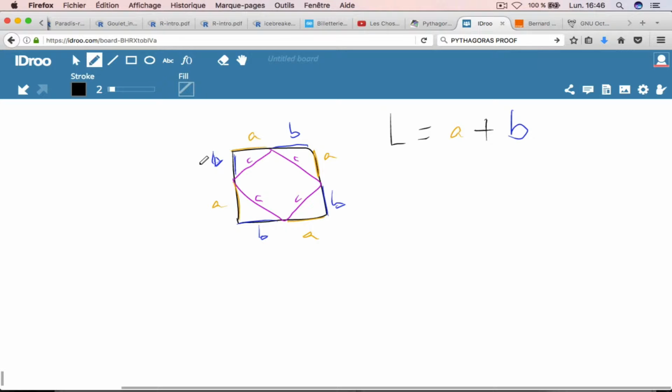So, let's compute the area of the big square in two ways. First, we use the simple formula: the area of a square is side times side, that's the square of the side. So the area is L squared. So, what is that? It's A plus B, squared.